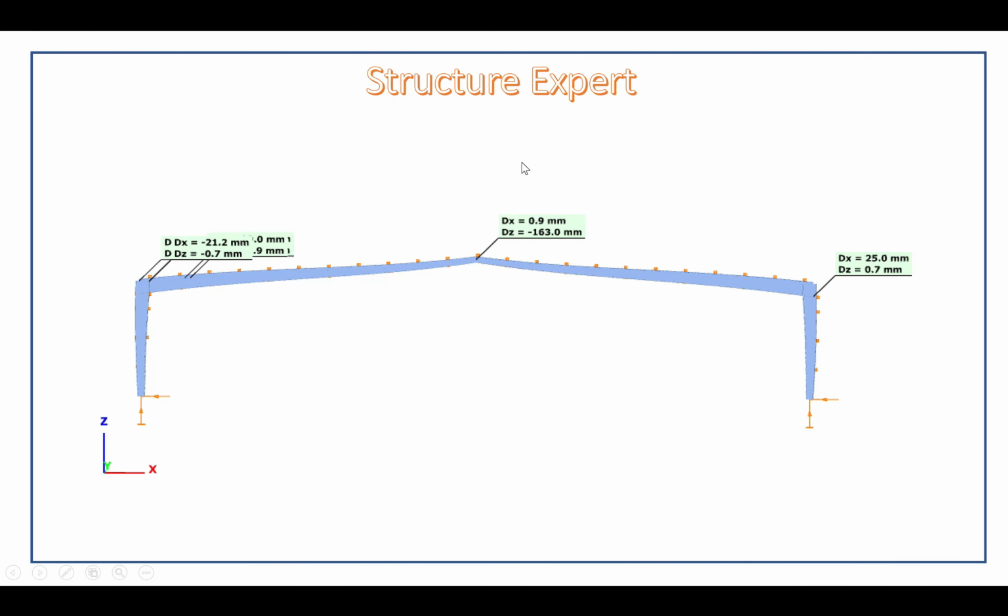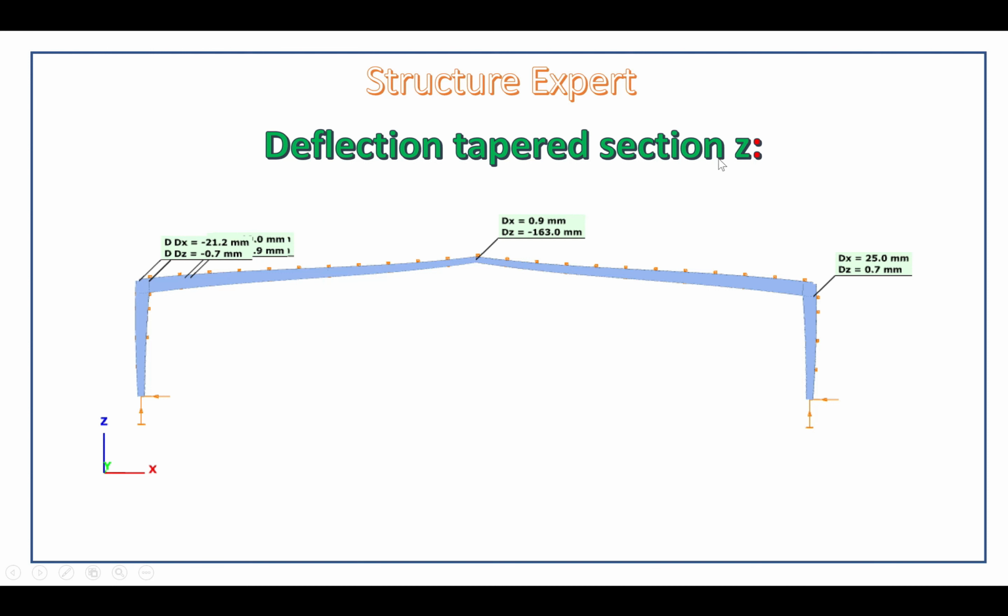Now I will just display some of the design results for deflection. The case you see here is the taper frame. For the taper frame, we talk only about the Z direction. Actually we have deflection in both directions: in Z, going down, and in H, going sideways.